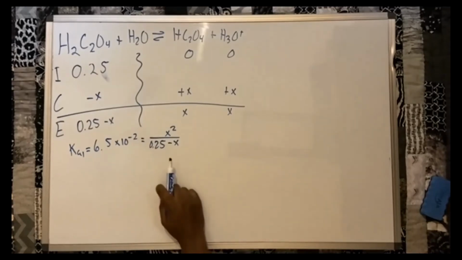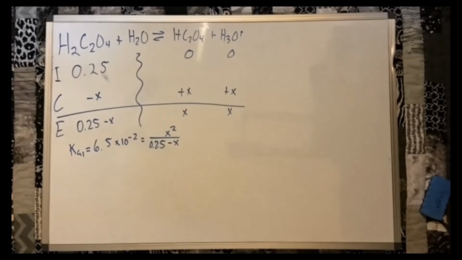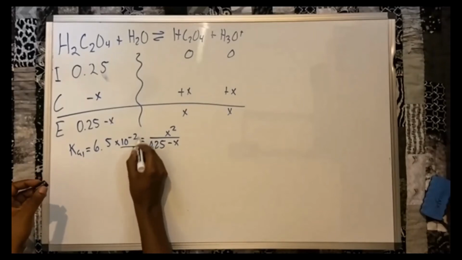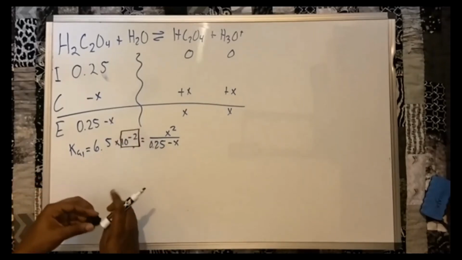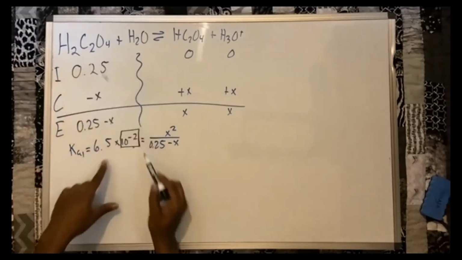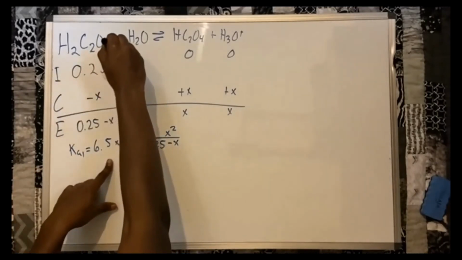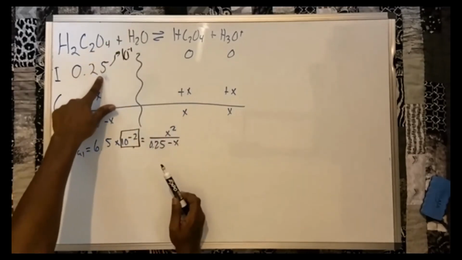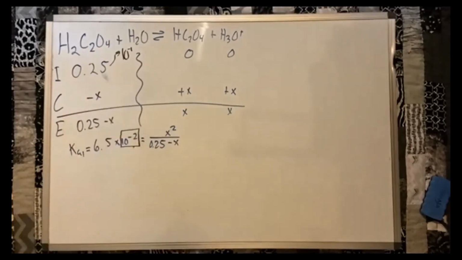Now, do you still assume that x is small? We could. I'm going to show you. He did this in the video. It's a little trick to know when you can do that. This number is 10 to the negative 2, and our initial amount in scientific notation is 10 to the negative 1.